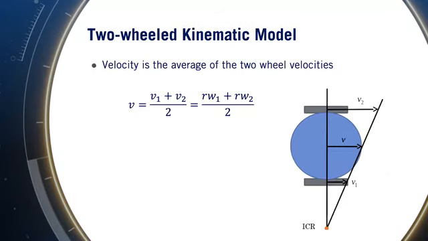The velocity of the robot can be computed as the average velocity of both wheels as seen from this figure. When the velocities of both wheels are the same, the robot moves in a straight line. If the wheel velocities are different, the robot moves in a curved path about some instantaneous center of rotation, or ICR. We'll now use the notion of ICR to define the kinematic model for our two-wheeled robot.